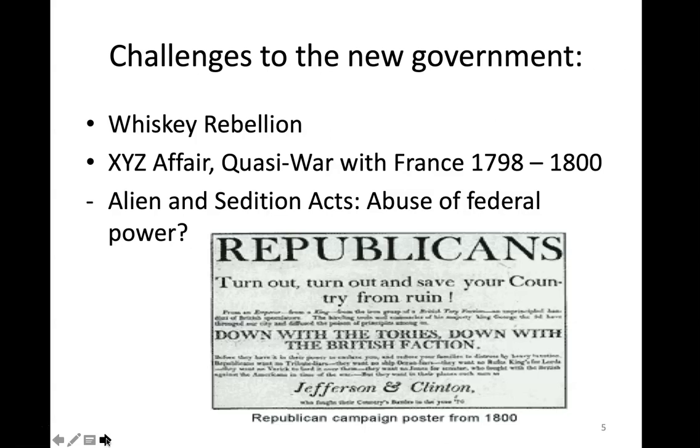But again, with the Alien and Sedition Acts, this will be the first case where this is indeed done. And it'll continue into the future. During World War I, for example, you'll see sedition acts where it became illegal to protest the war. And probably the most egregious example of this would be the internment of Japanese during World War II. Okay, so we'll now continue to the next video.